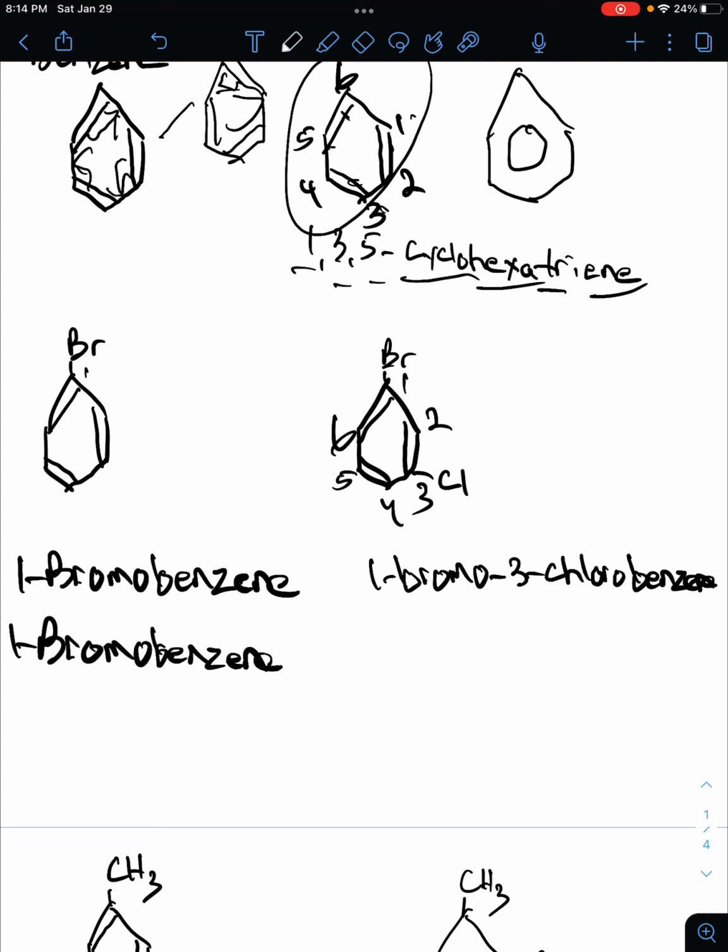Now, could you have named it or started numbering this way, starting numbering at the chlorine, 2, 3? You could do that because the halogens have equal ranking. But since we have a B and a C, you're always going to alphabetize your substituents if they're of equal ranking. So you alphabetize it when you're naming your compound, so you can just start naming from there.